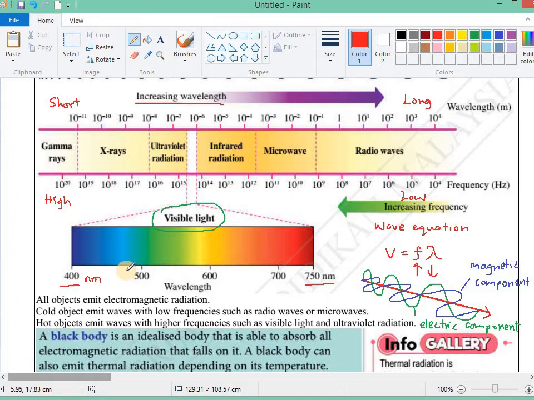We can only see electromagnetic wave from 400 nanometer until 750 nanometer.